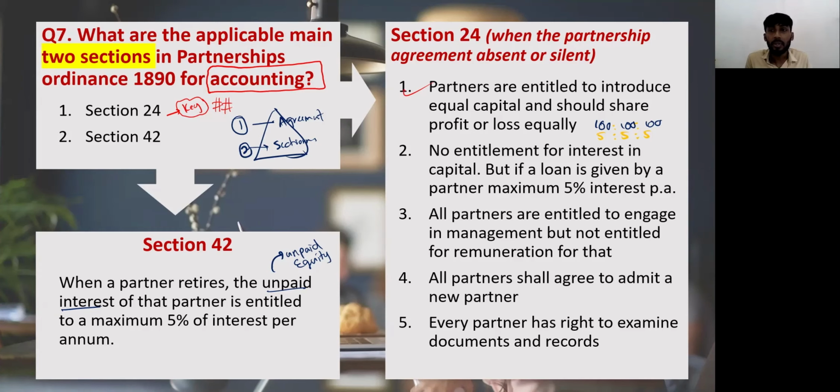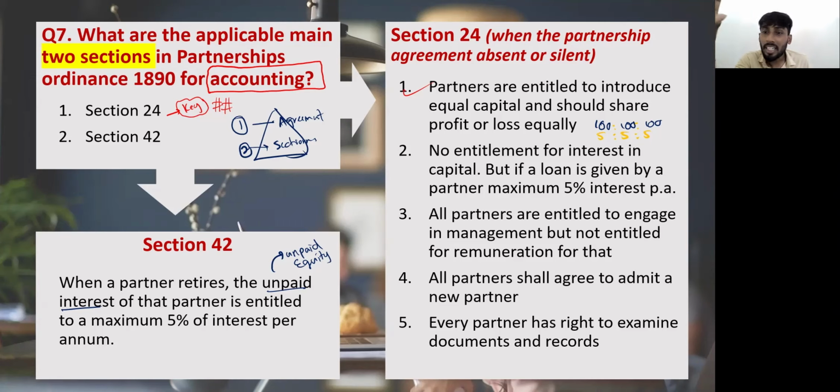Now, I told you in the partnership agreement there can be a clause for interest on capital, no? But section 24 says no entitlement. The partnership shall not pay interest on the capital.